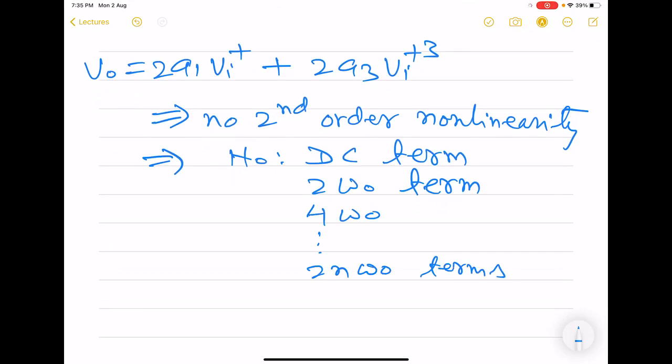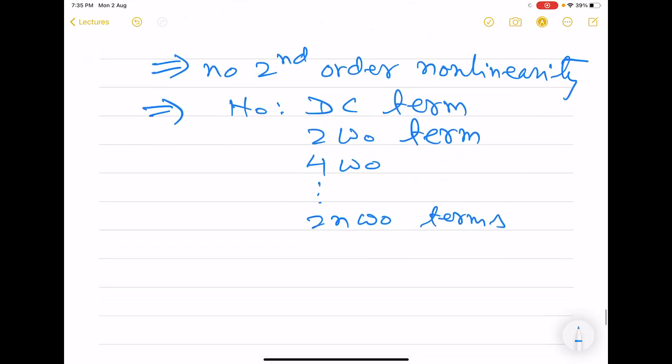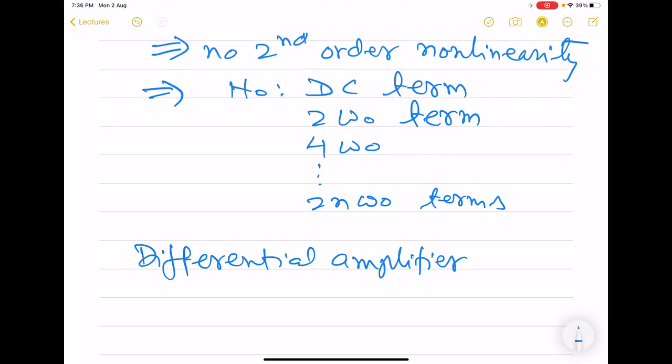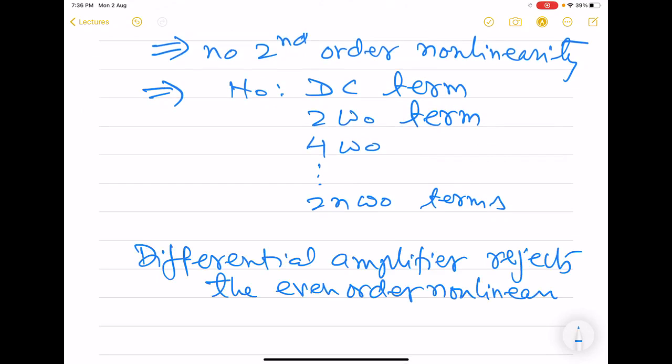None of these will be present on the output side. So a differential amplifier rejects the even order nonlinearity.